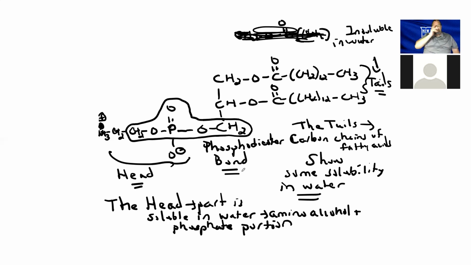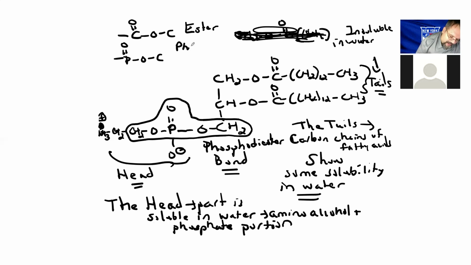How would I explain it? We have esters where you have C double bond O, OC. This would be an ester. You have what are known as phosphate esters, where instead of having C double bond O, OC, you have P double bond O, OC. Now, for a phosphodiester bond, you have a P double bond O group that's simultaneously involved in two ester linkages.